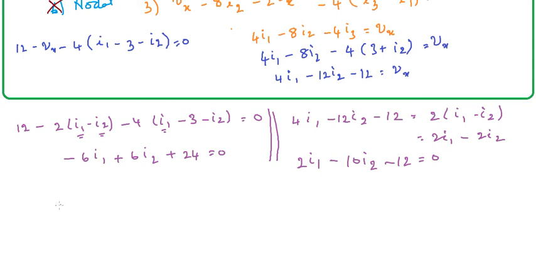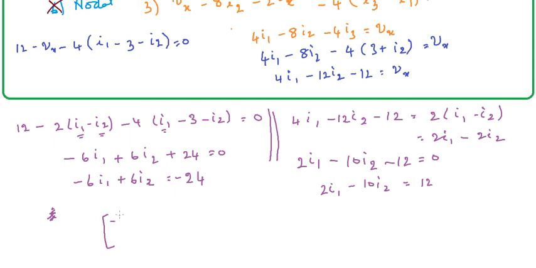Okay, let me solve this for I1. Let me write matrix type of thing so that we can have a better idea. To write this in matrix form, first I need to send the constant to the other side. So it will be minus 24, and 2I1 minus 10I2 is equal to 12. Now how can I proceed?